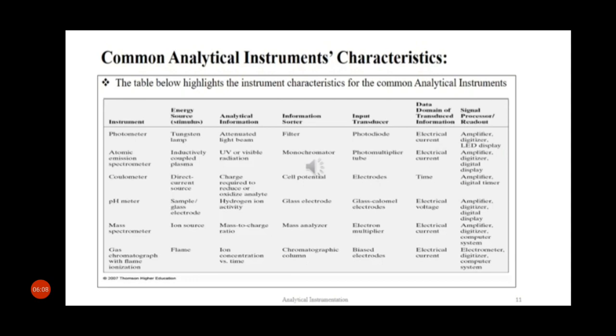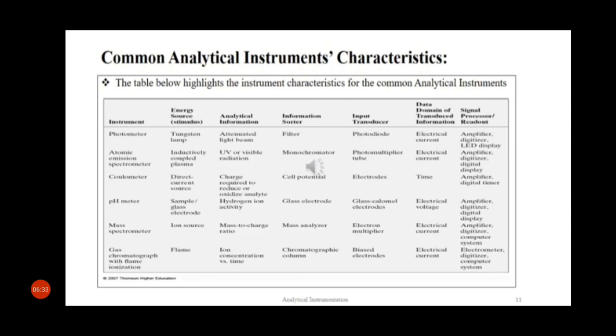For a mass spectrometer, the energy source is the ion source. Analytical information is mass to charge ratio. Information sorter is the mass analyzer. Input transducer is the electron multiplier. Data domain of transduced information is electrical current.